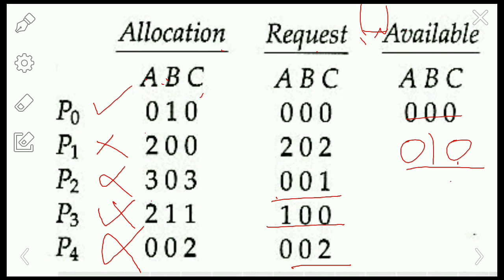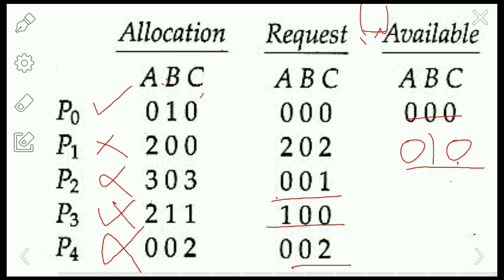So the given processes are in an unsafe state, which means there is a chance of leading to deadlock.